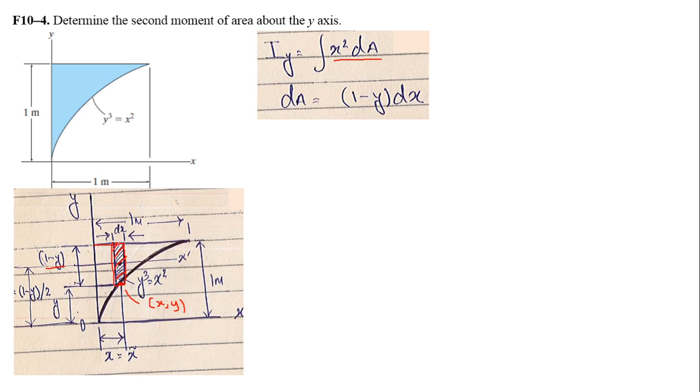So this same argument is actually followed here. These moment arms remain the same from the y-axis. So when these moment arms remain the same from the y-axis, we can directly use this formula, otherwise not. So since the condition is satisfied here, we are using Iy equals integral x square dA, where dA is 1 minus y dx, which is the area of the strip.